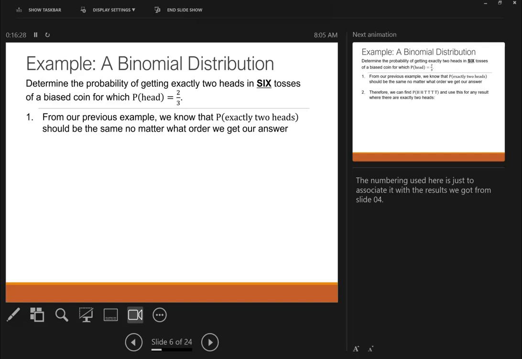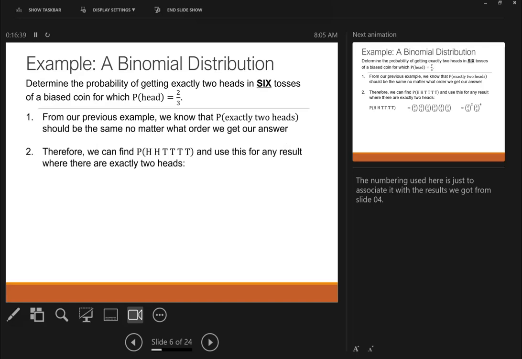And no matter the order in which I get heads and tails, the probability of one outcome where I get 2 heads is going to be the same. So for the sake of argument, let's just use the heads, heads, tails, tails, tails, tails outcome as our exemplar, and calculate the probability of this one way of getting 2 heads.